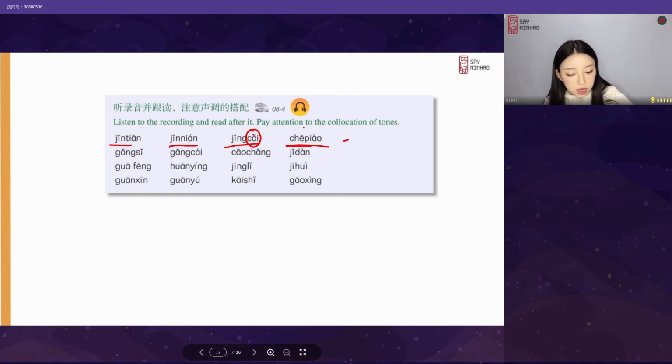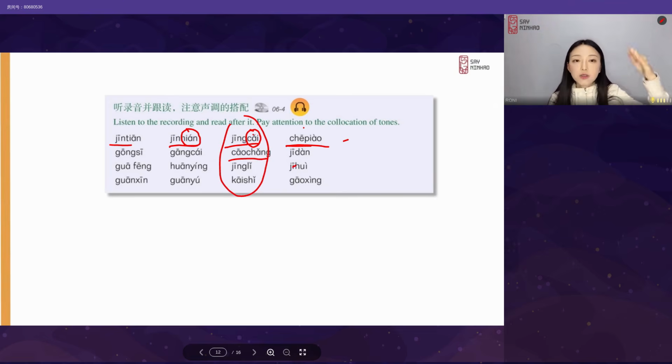We can see there is nothing special about the other groups, other tones. So let's focus on the third tone line. Next one is 操场. Read it as the half third tone. Next one, manager, 经理.